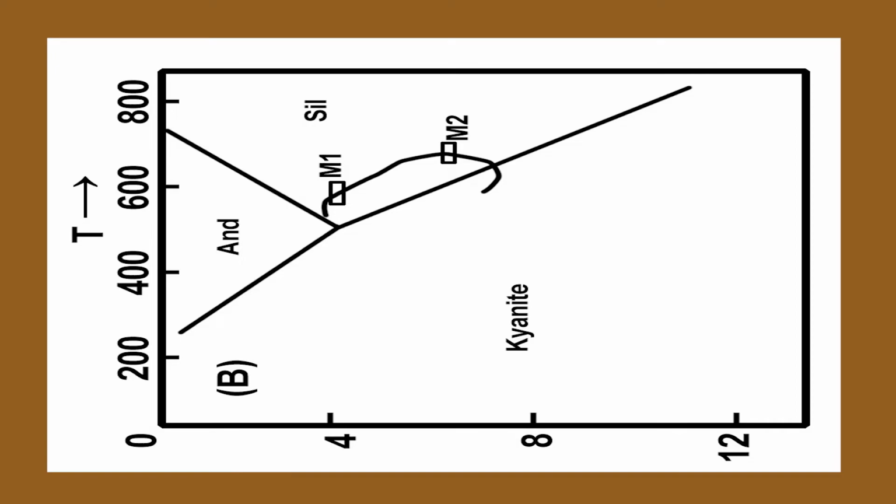The pressure temperature data agree with textural evidence, in that mats of random sillimanite occur both in the matrix and as inclusions in garnet. The pressure temperature path is shown.